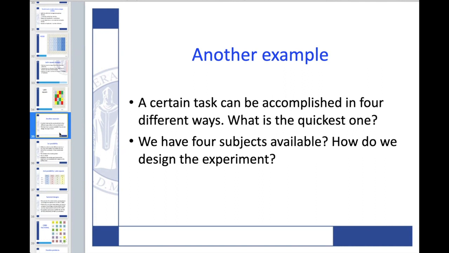So this would be a sort of randomized complete block design, because every subject is a block, and within the block we have all 4 treatments, all 4 protocols. Is that right?